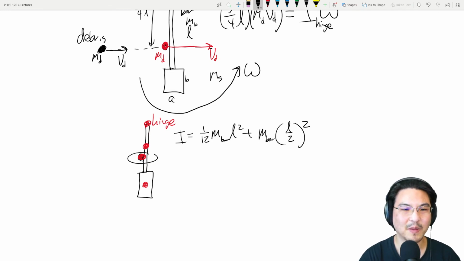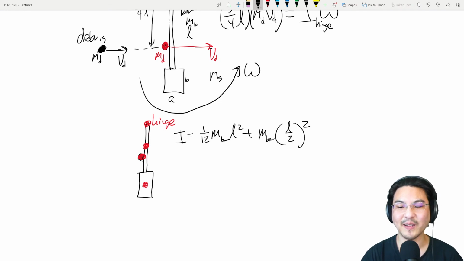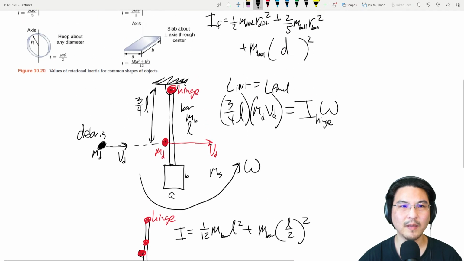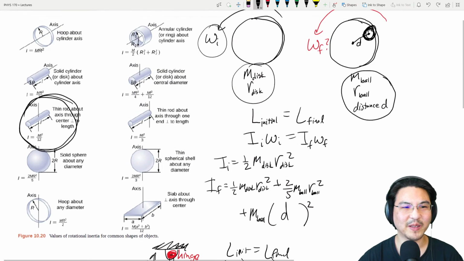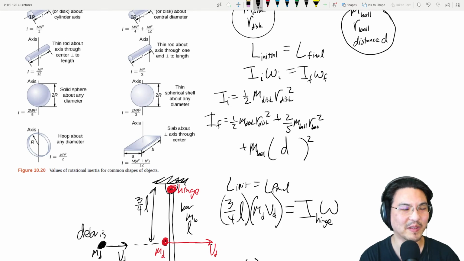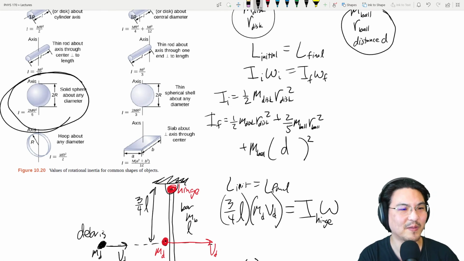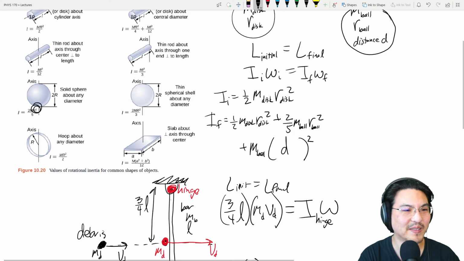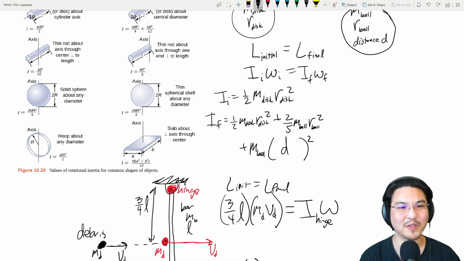Okay, now the debris. What's the moment of inertia of the debris about its own center? Let's say it's a dot, a point mass, a particle. So in your mind, you can imagine it's like a solid sphere, where you take the limit as the radius approaches 0.